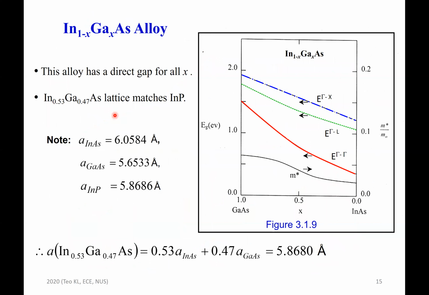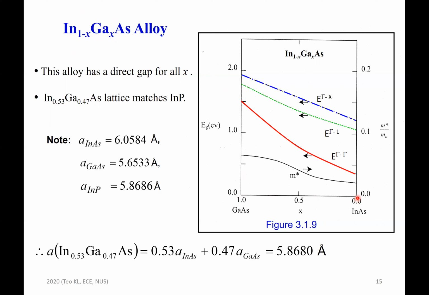Let us look at another example. Indium gallium arsenide alloy. It is formed from the endpoint compounds indium arsenide and gallium arsenide. This is the band gap as a function of composition. So at x equals 0, you have indium arsenide, so it will be this point.